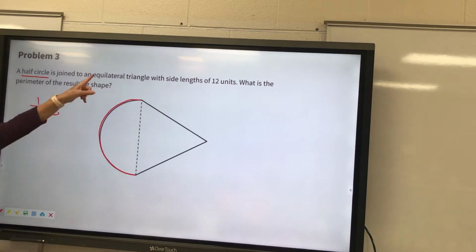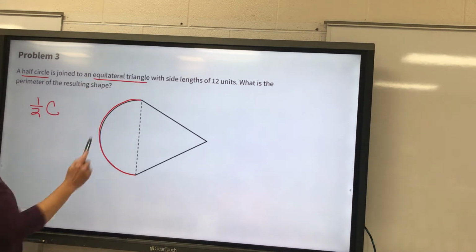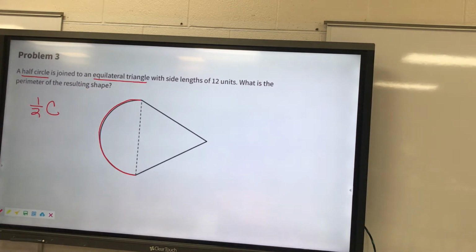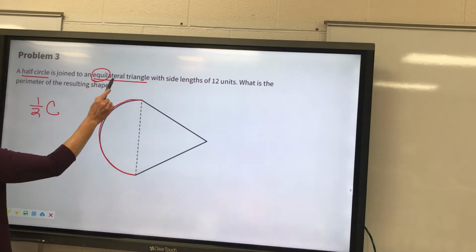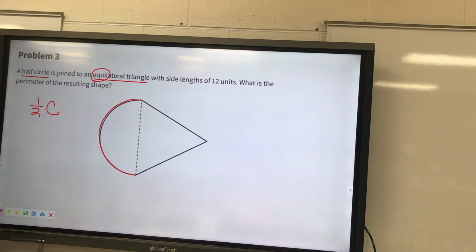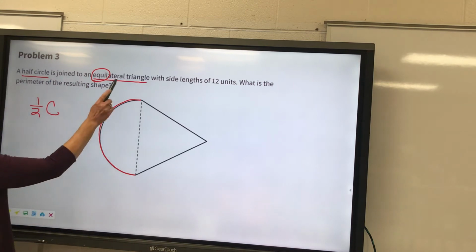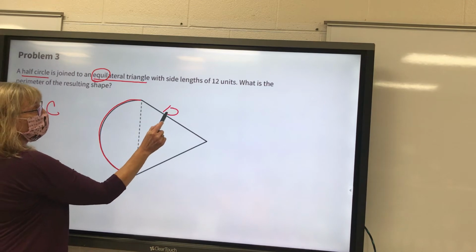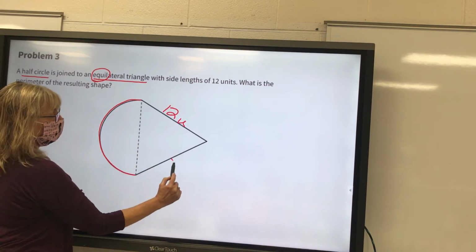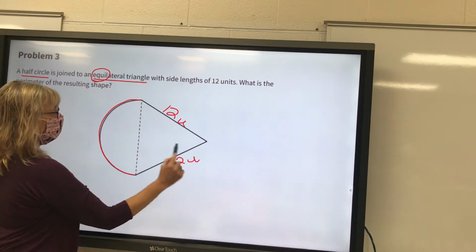Okay, what does equilateral triangle mean? What does the prefix equi mean? Equal. What do you think lateral means? Sides. Okay, so all the sides on this triangle are 12 units long.